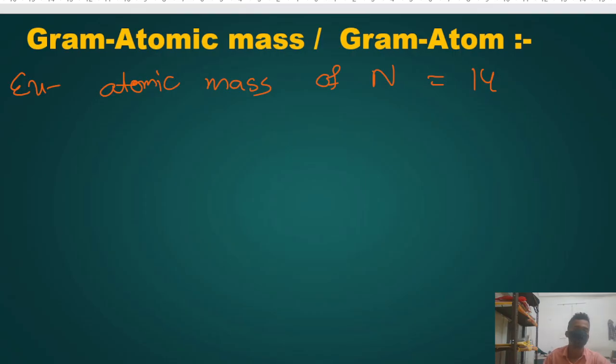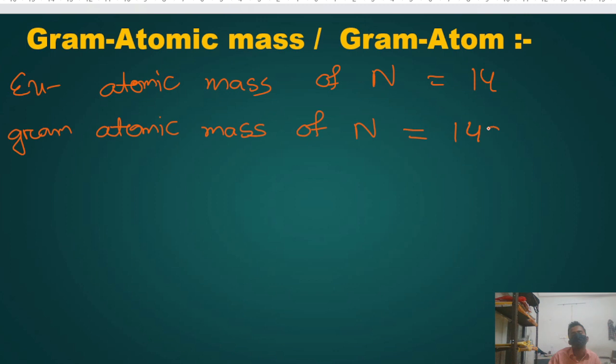The atomic mass of nitrogen is 14, but the gram atomic mass of nitrogen will be 14 gram.